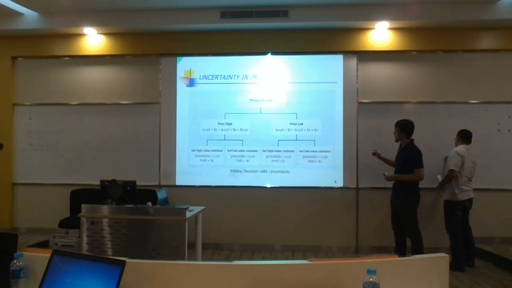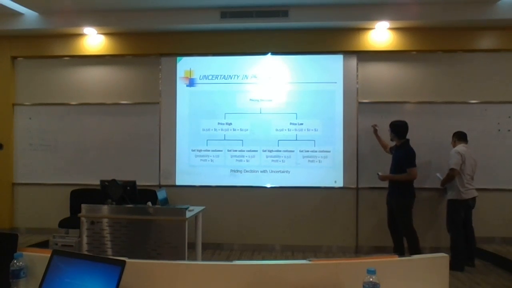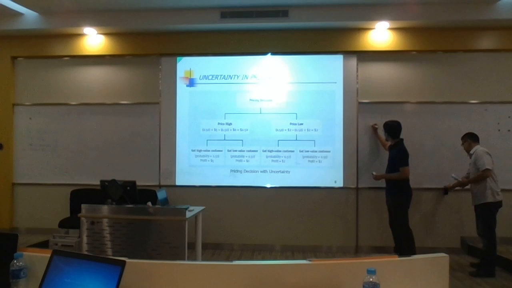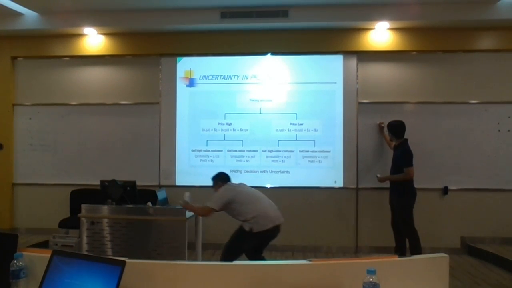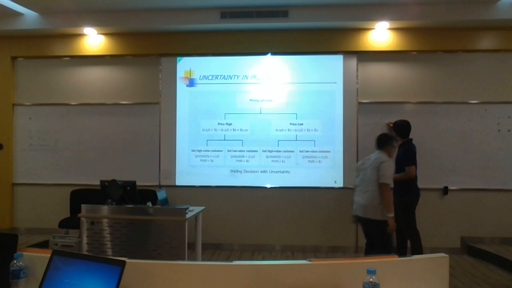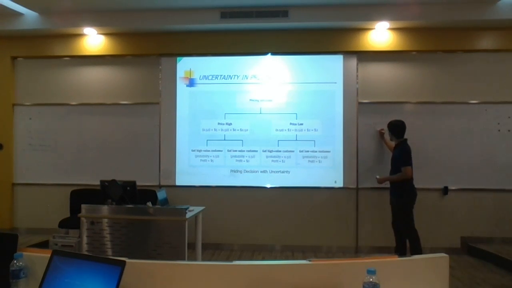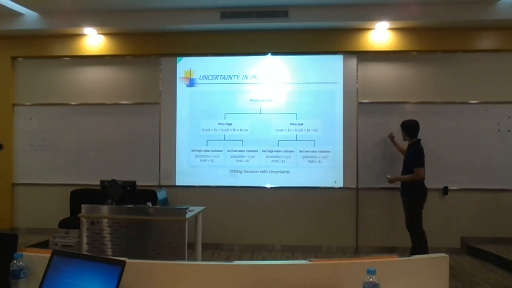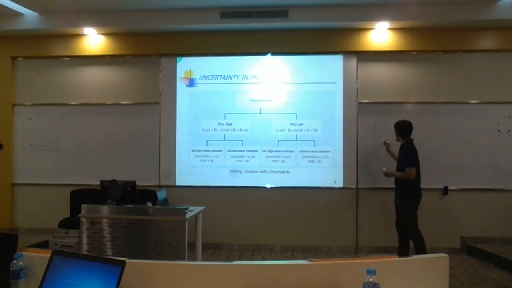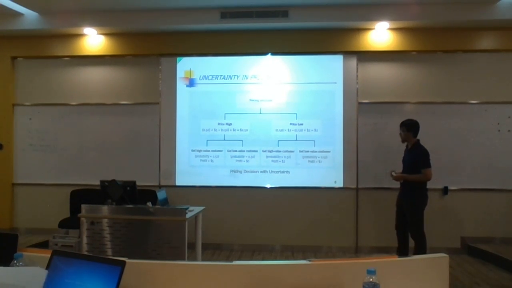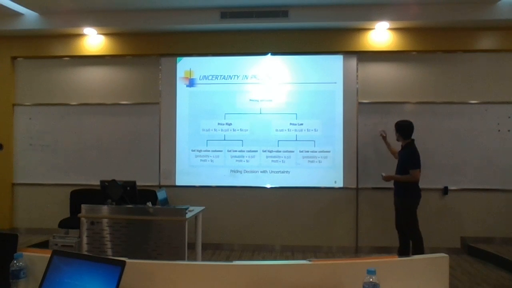There are two: we set the high price at $8 and the low price at $5. We calculate the profit. How much profit do we get if we sell high and if we sell low?